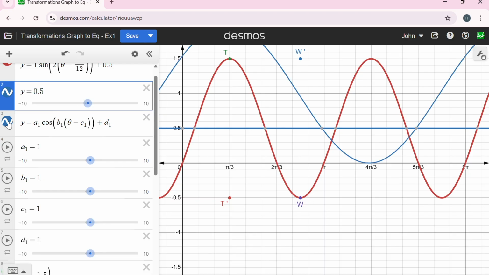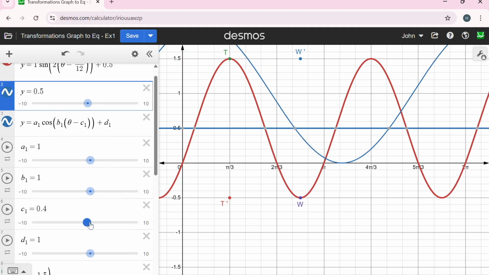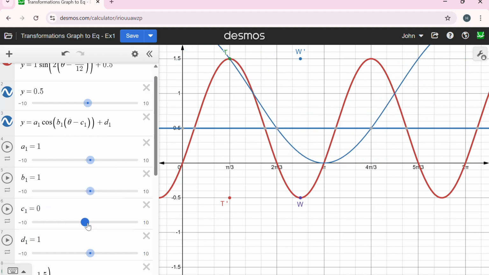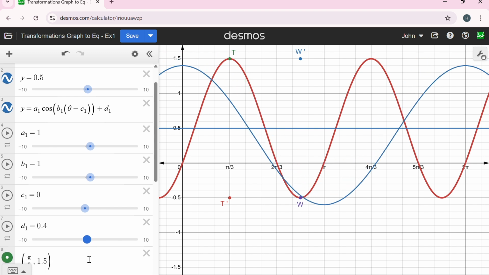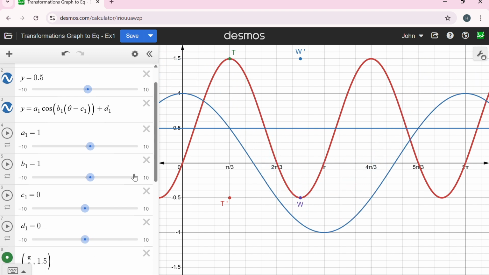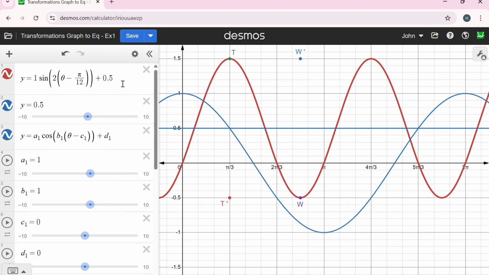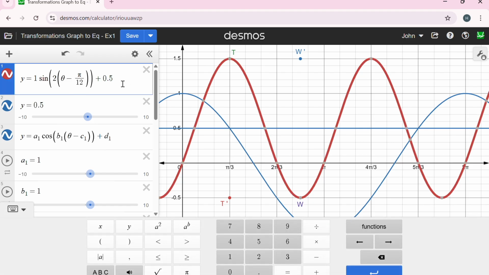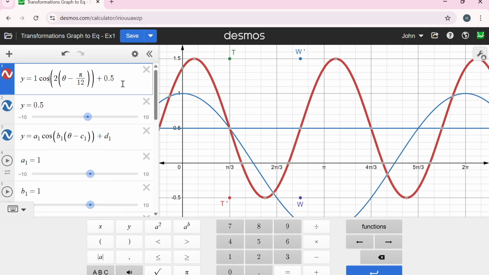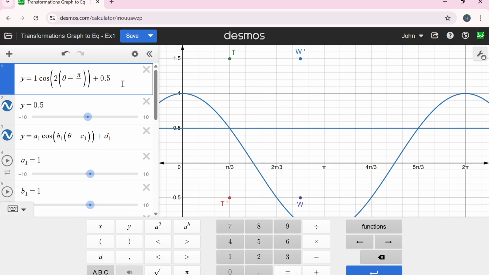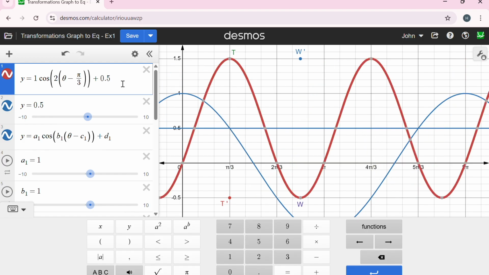Cosine, if I start with c value 0, remember our cosine equation, the original that we found was 1 times cosine of 2 times theta minus pi over 3, with a sinusoidal axis at 0.5, right?